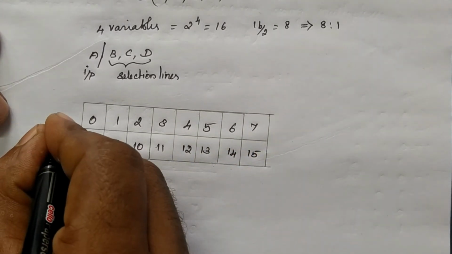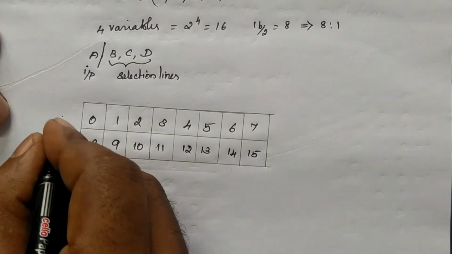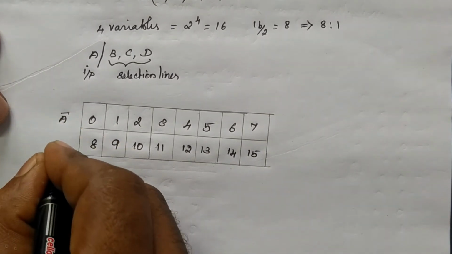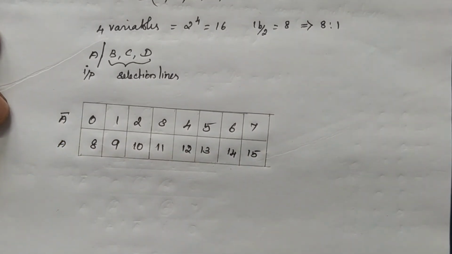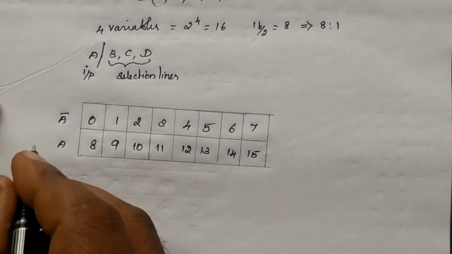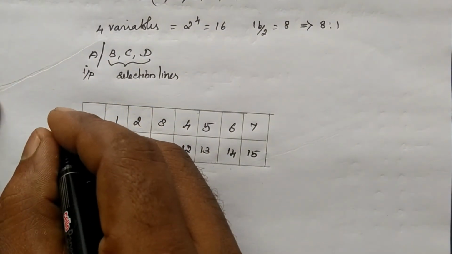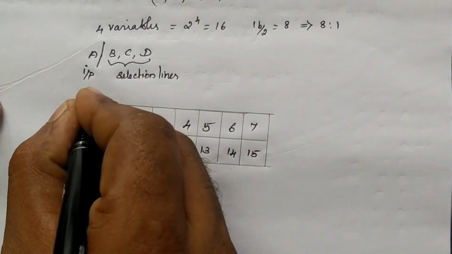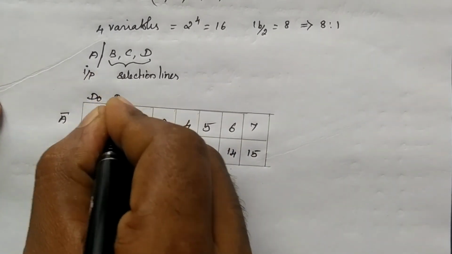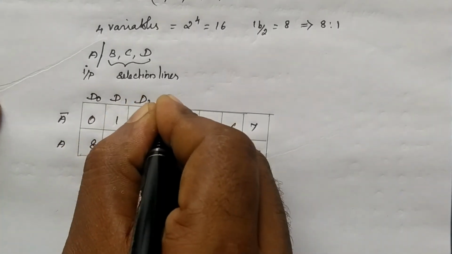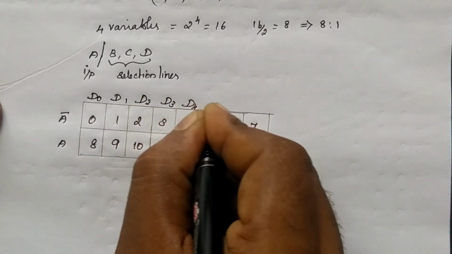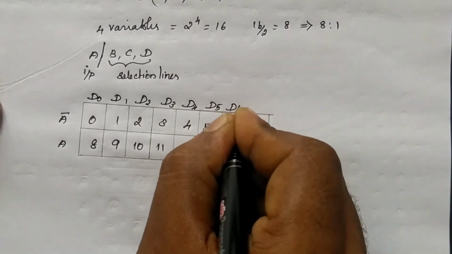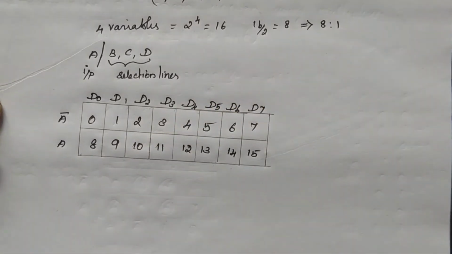At the left side we need to consider the input. For the first 8 values, A value will be 0, therefore A bar. For the next 8 values, A value is equal to 1, therefore A. And for the 8:1 mux, we will have 8 input lines, D0, D1, D2, D3, D4, D5, D6, D7.